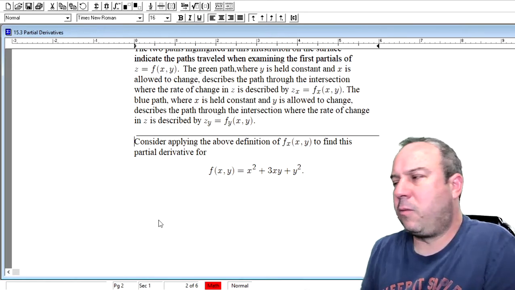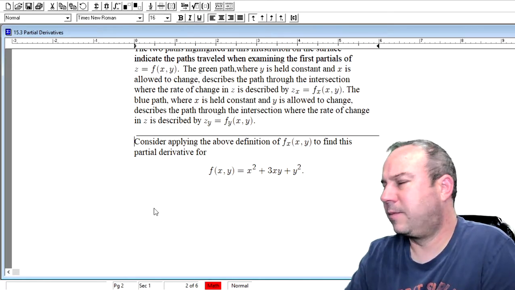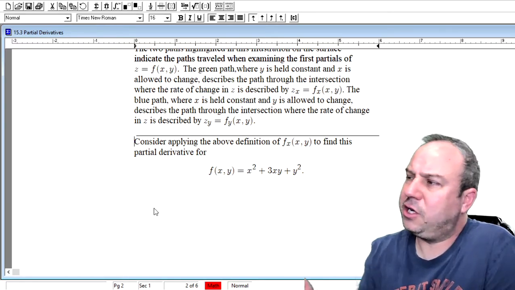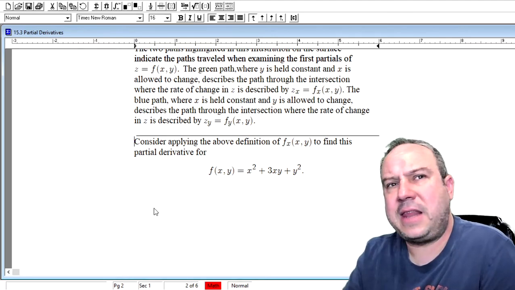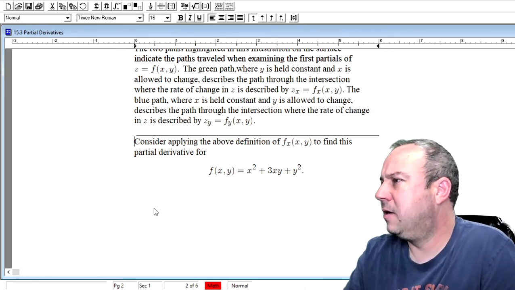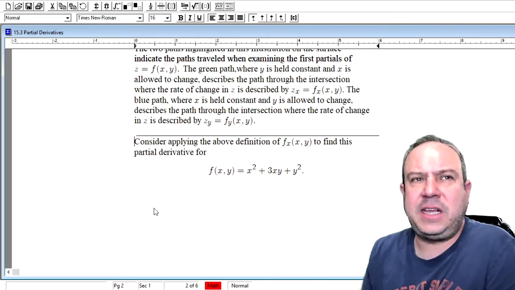But we're going to treat y as a constant. I wouldn't encourage doing this each and every time, folks, but I want to show you where what we're going to see develops from. All of the partial derivatives we calculate are grounded in their definition.